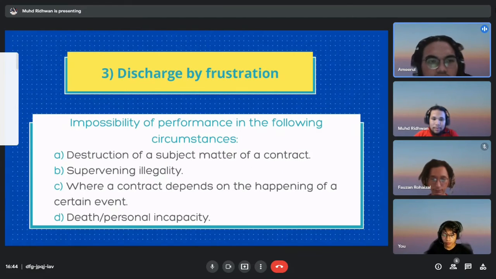These are the impossibility of performance in the following circumstances. First one is destruction of the subject matter of a contract. Second one is supervening illegality. The third one is where a contract depends on the happening of a certain event. And the last one is death or personal incapacity.